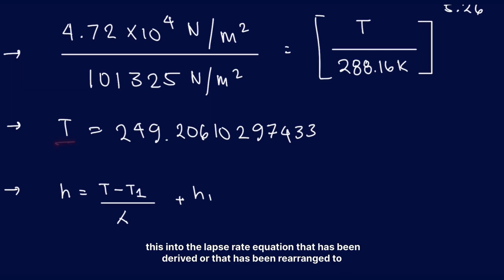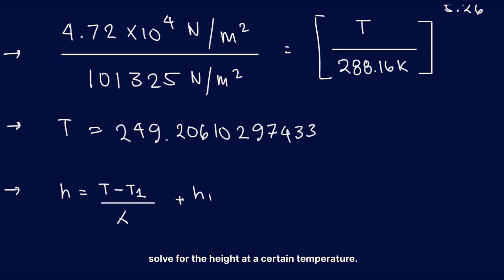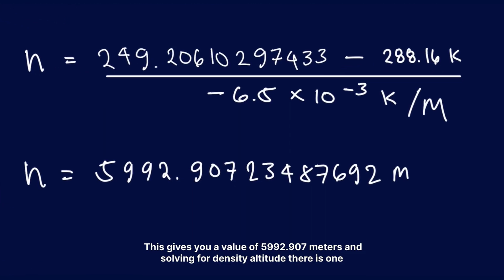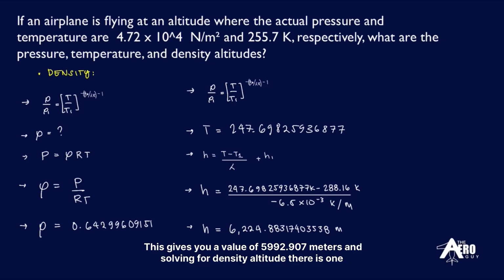Substituting this into the lapse rate equation that has been rearranged to solve for the height at a certain temperature, this gives you a value of 5,992.907 meters.